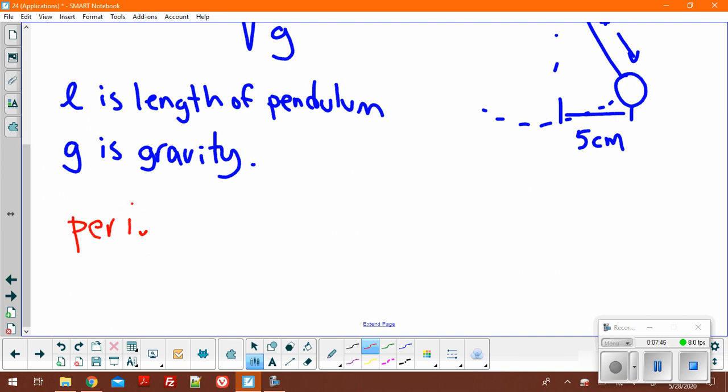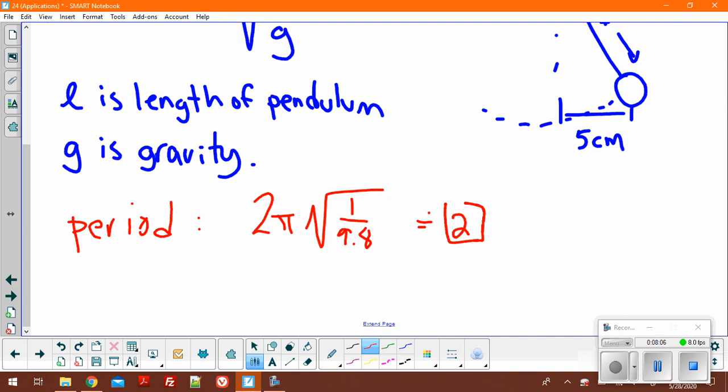The period is 2 pi times the square root of 1 over 9.8. When you run that through a calculator, it comes out remarkably close to 2, like 2.005 or something like that. So to make our lives easy, we'll call the period 2.